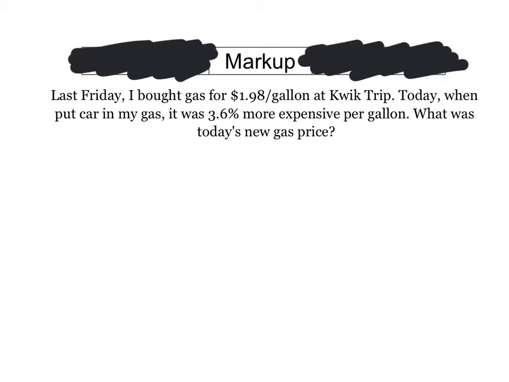We also have problems that talk about markup. Markup is simply increasing the price, unlike markdown where we decrease the price. Same exact process. Gas was $1.98 a gallon at Quick Trip. Today when I put it in my car, it was 3.6% more expensive. What is the new gas price? Part, whole, percent. Remember, the whole is always the original. Originally, it was $1.98.